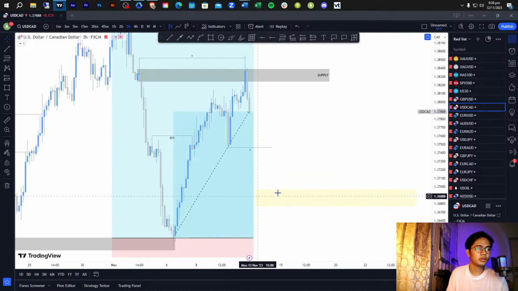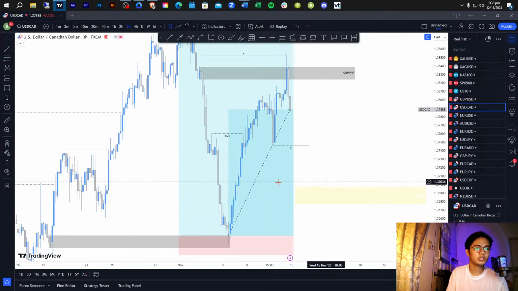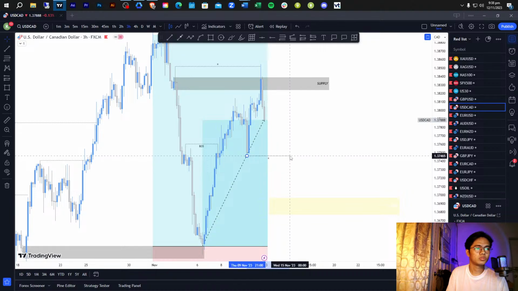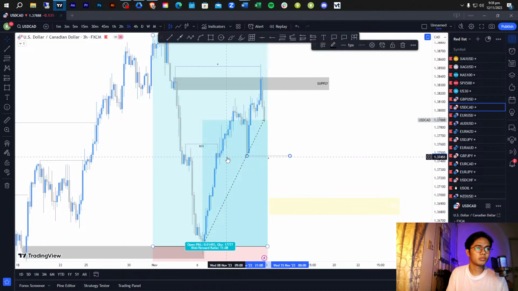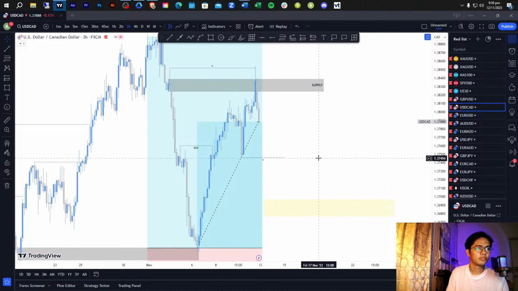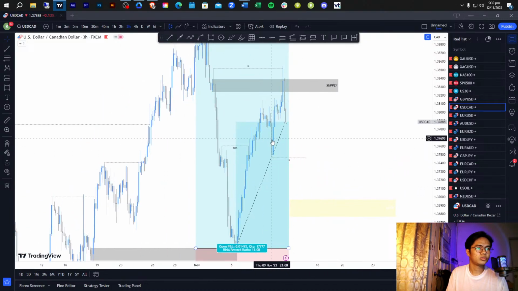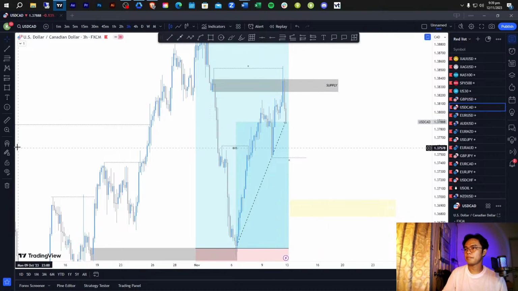There might be a lot of buy orders down here, and also a lot of stop losses in this area. So I will avoid trading on this level.